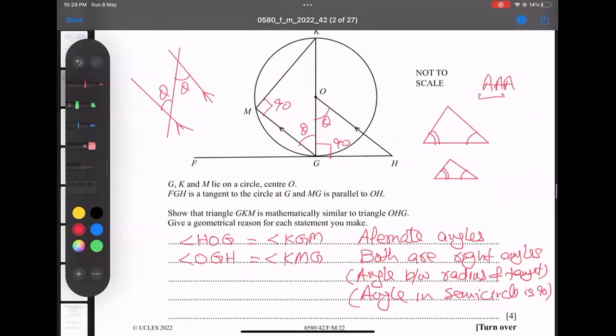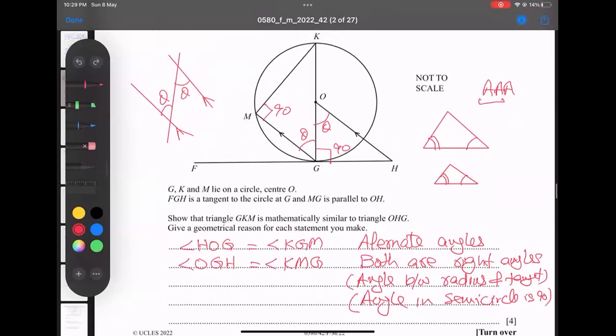Third, one last left. Naturally, what do you think about this angle and that angle? So we can write directly, how to pronounce this angle, please, student? OHG, one technique, pronounce this way or this way.